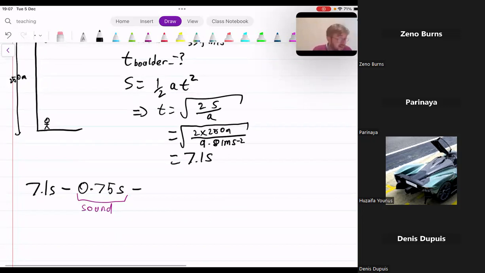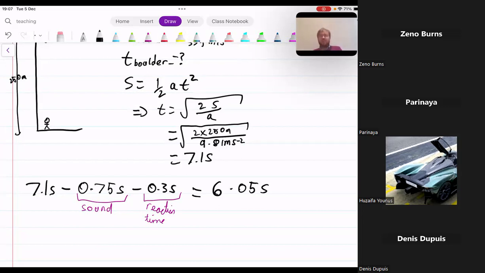So we have to take that off as well. So if we do this, we should end up with 6.05 seconds. They have about 6 seconds to get out of the way. Not a huge amount of time, but maybe doable.